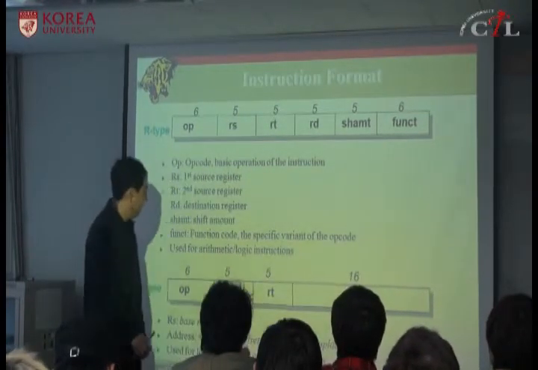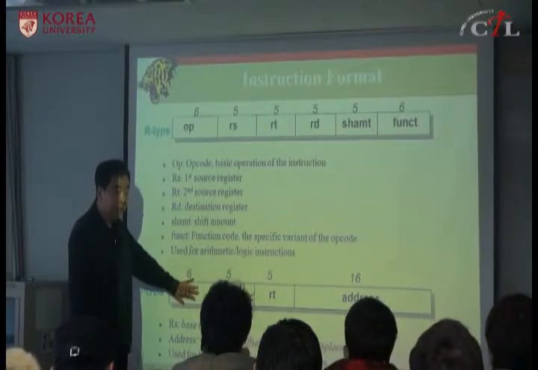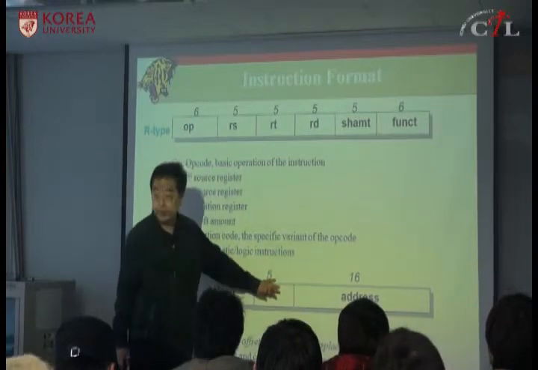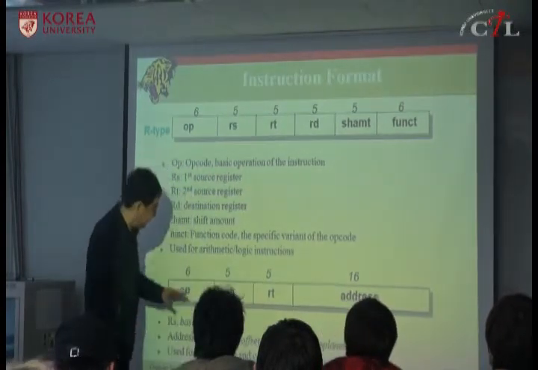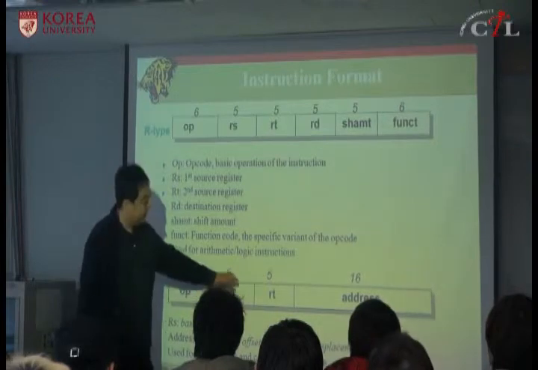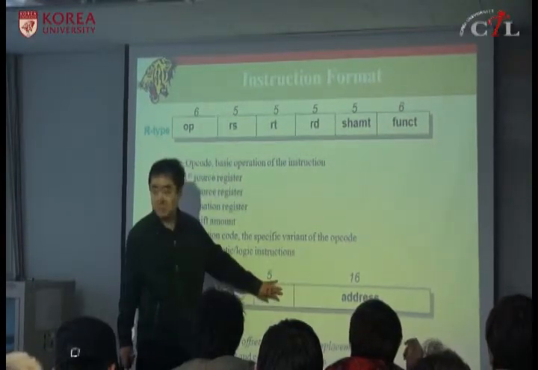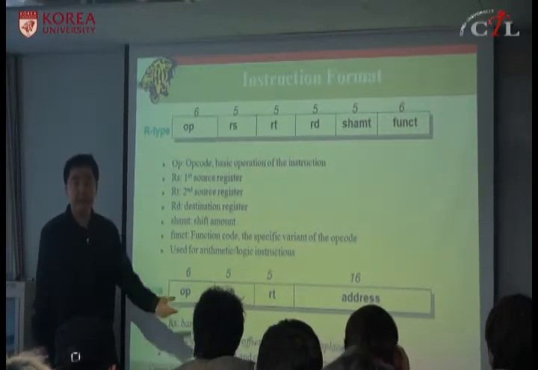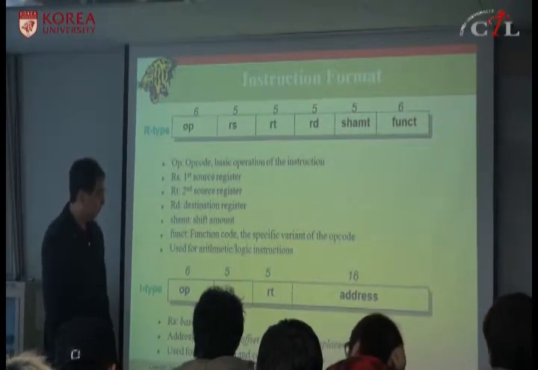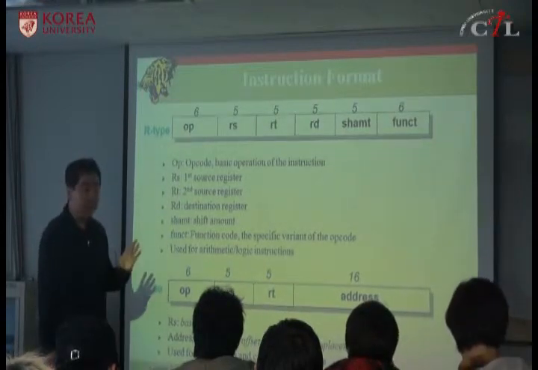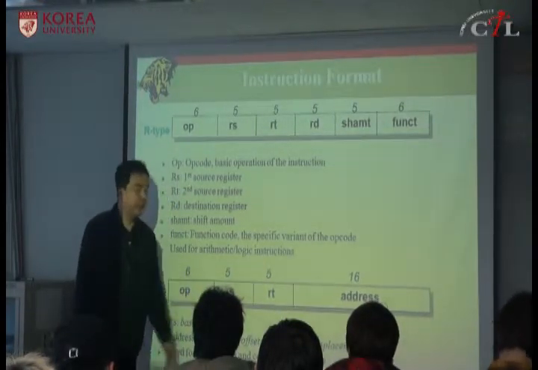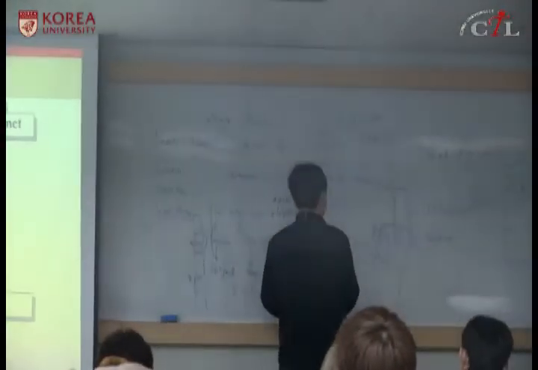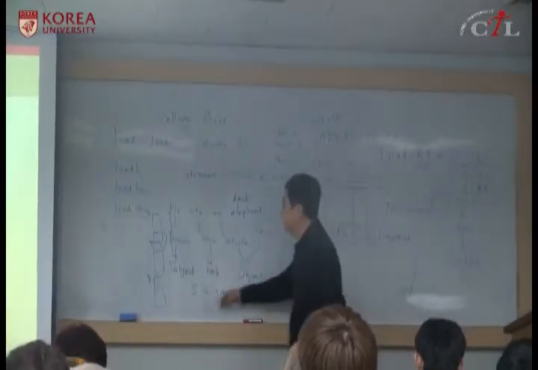If this is a load instruction, then this becomes the source, and this becomes the destination. If this is a store instruction, this becomes the destination, and this becomes the source. Okay? So RT can be a source or destination depending on the load or store instruction. Or it can be used for a conditional branch instruction, such as branch equal.